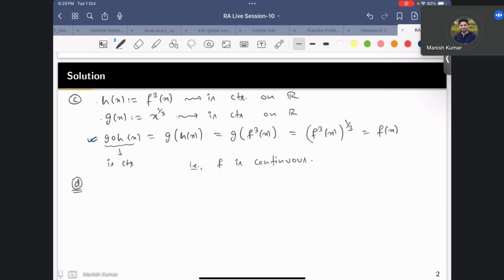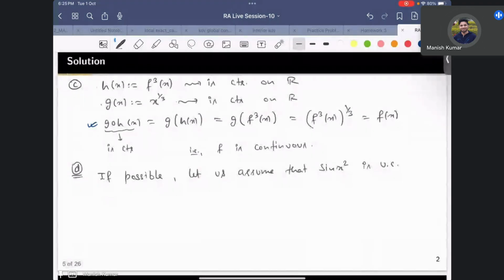So at first let us assume that, if possible, sine of x square is uniformly continuous. Okay, so we have assumed this. Then we'll just write the definition.